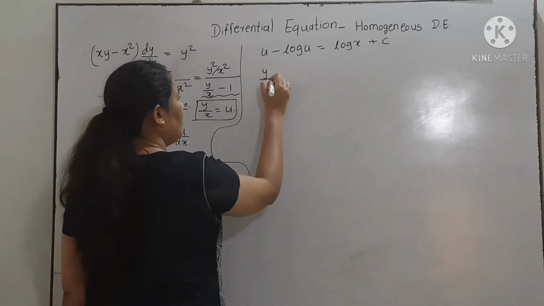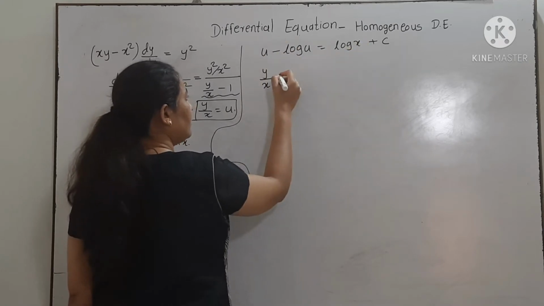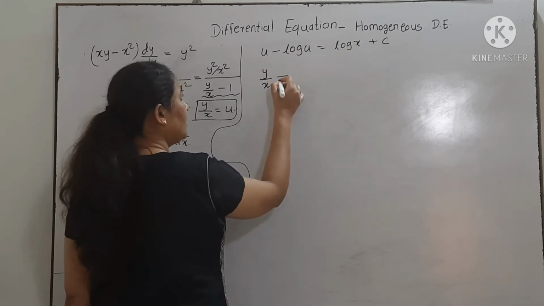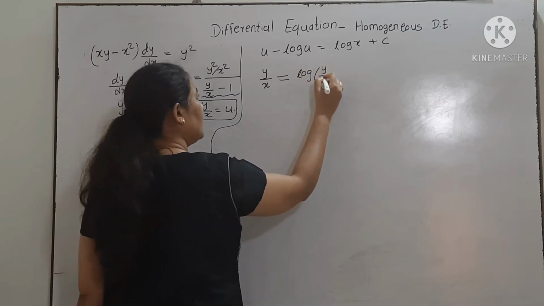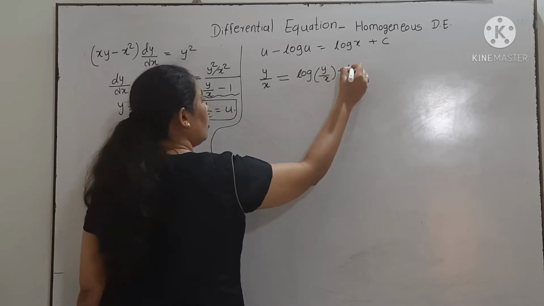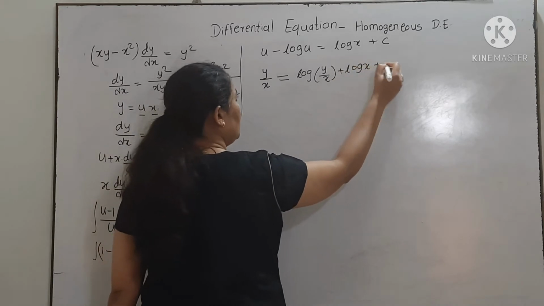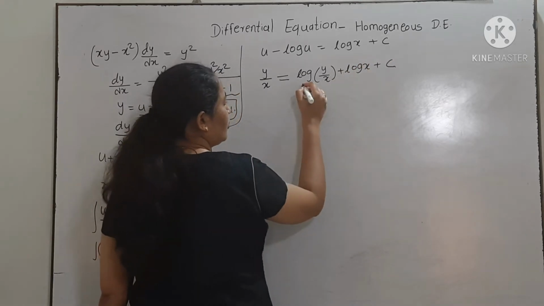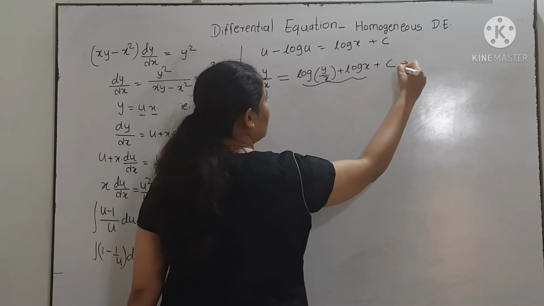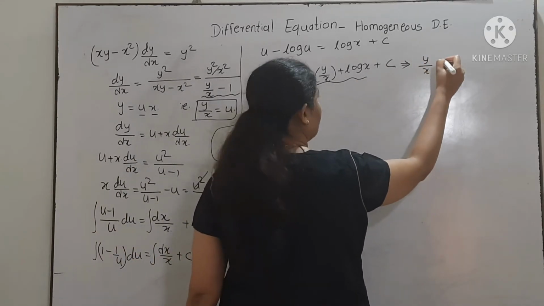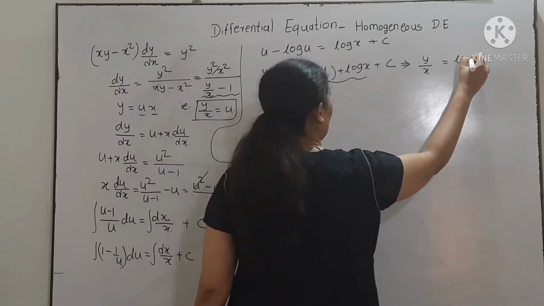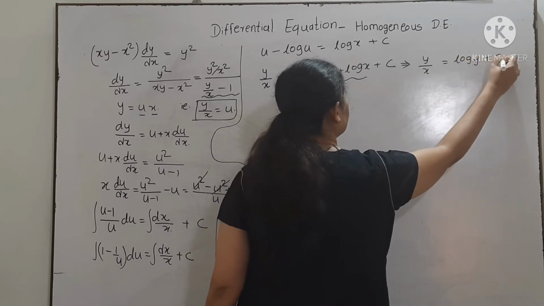So it is y upon x minus log of y upon x equal to log x plus c. If we use rules of logarithm, this will give us y upon x equal to log y plus c.